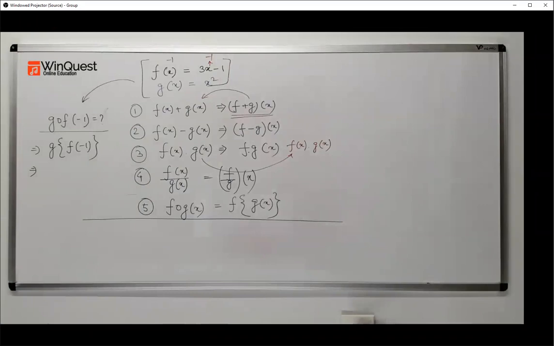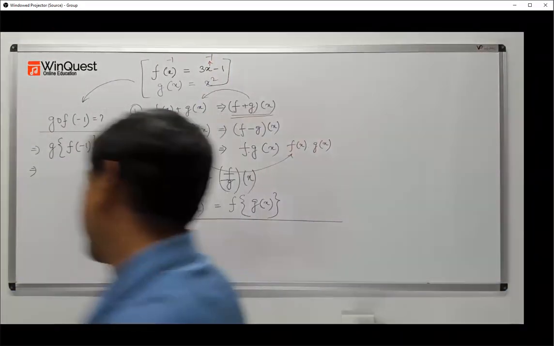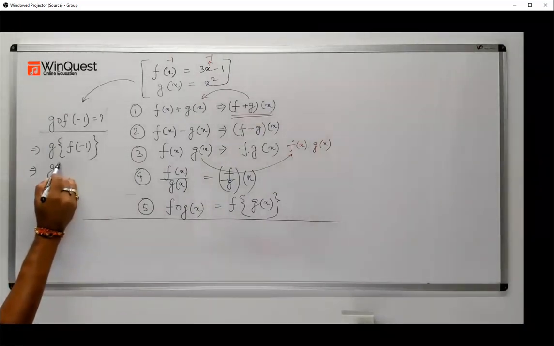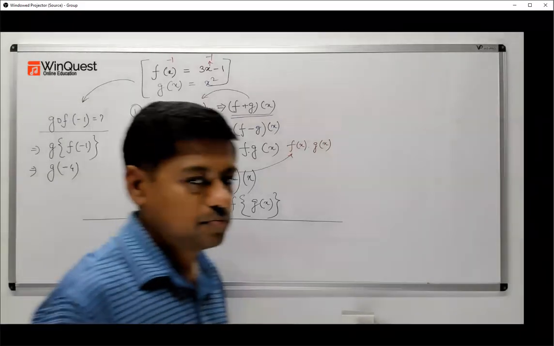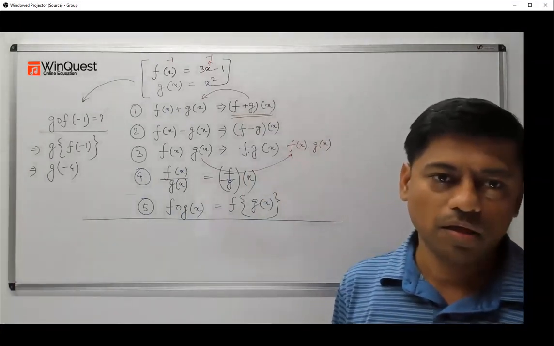Then what is the final result? -4. Correct. Does it become g of -4 then? Yes.